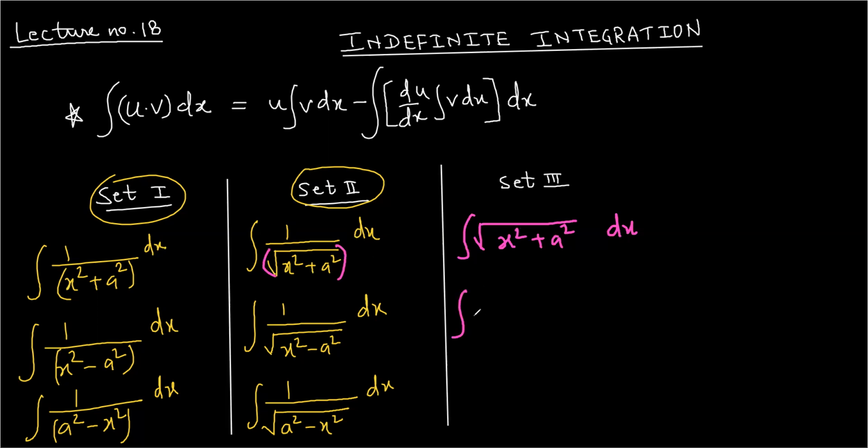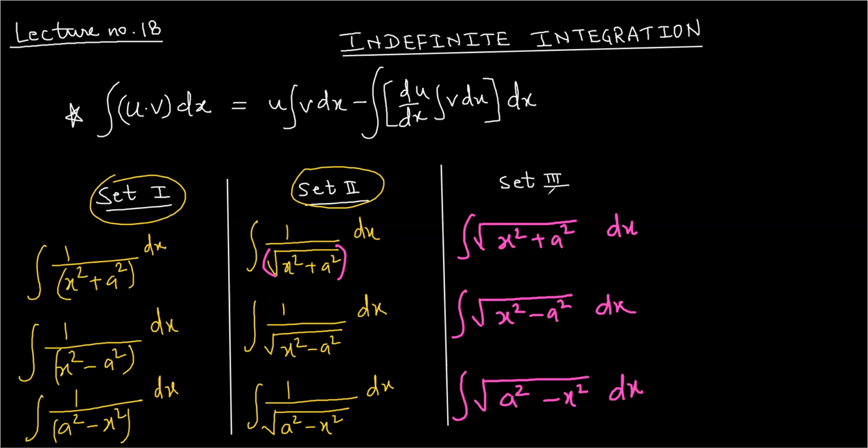And then we will also derive the result for the integral square root of x square minus a square dx, and the third one will be, yes, you guessed it correctly, square root of a square minus x square dx. So these three we are going to do today.